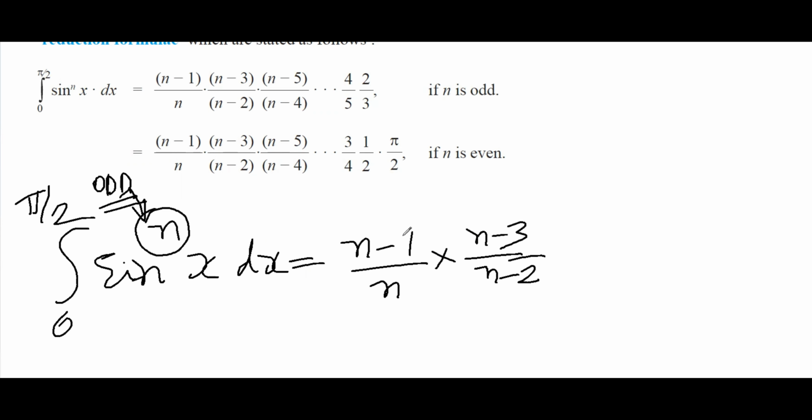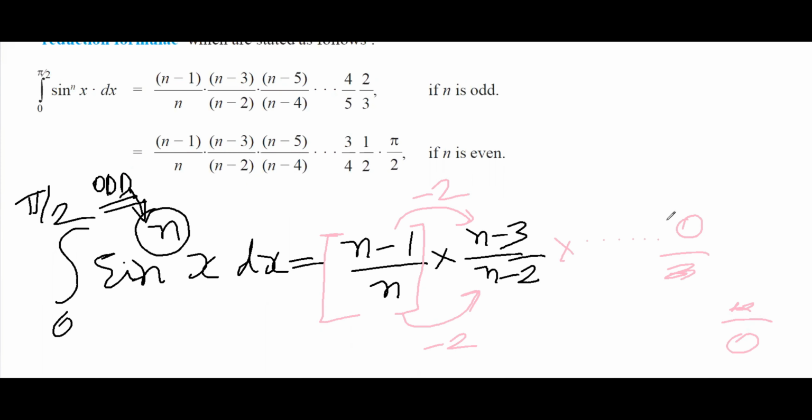It means what we are doing, first we are writing this in this way. That is n minus 1 upon n, and then each time I am going to subtract 2 from the numerator and again 2 from the denominator until you get 0 in the numerator or 0 in the denominator.